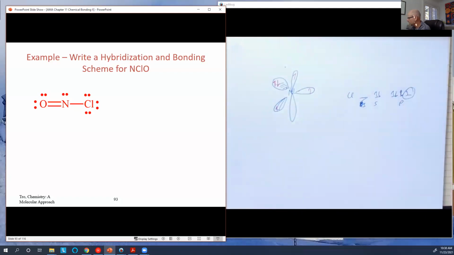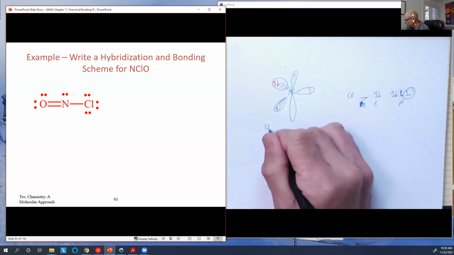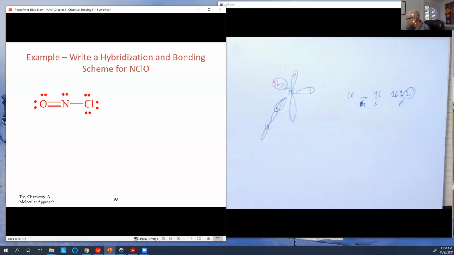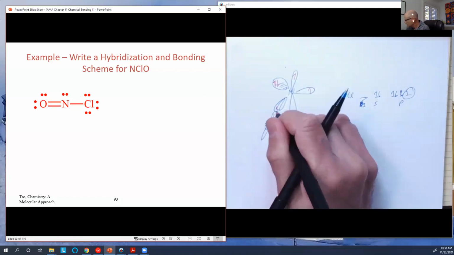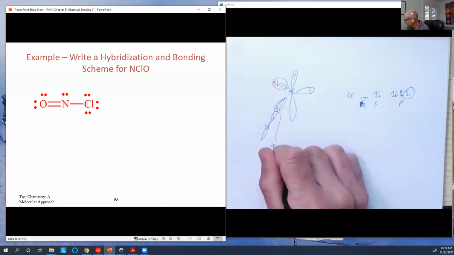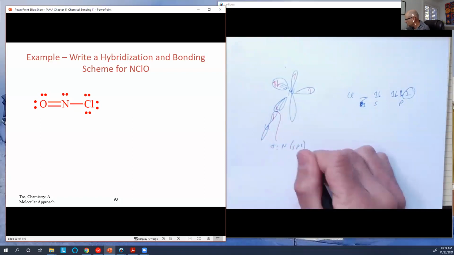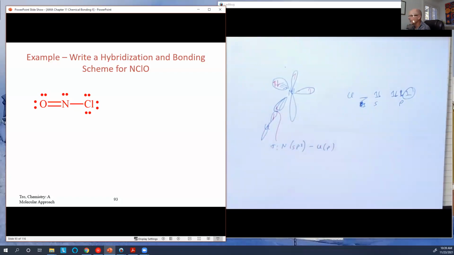So I know it's going to be through a p orbital. So I'm going to put the bond with the chlorine right here. And if I label that, it's going to be sigma, nitrogen through its sp2 overlapping with chlorine p.